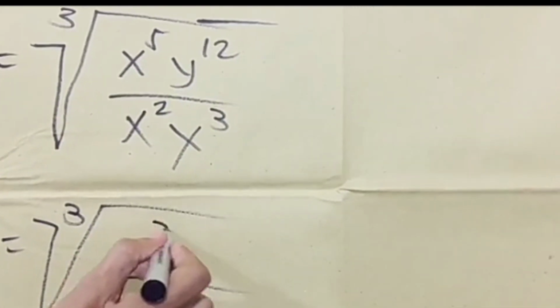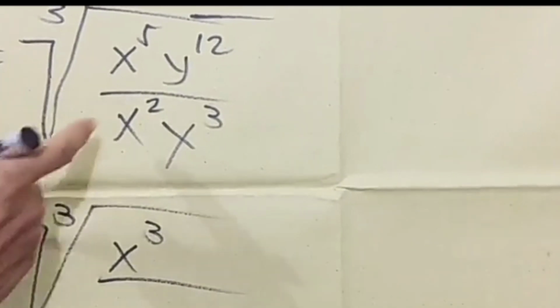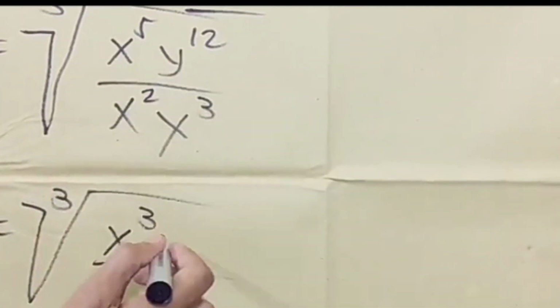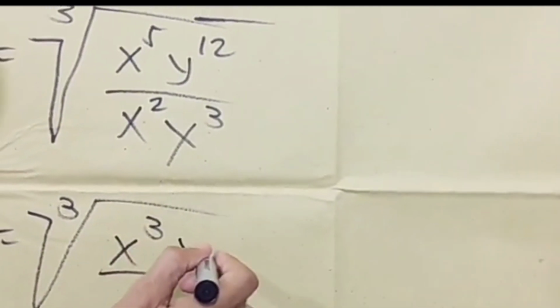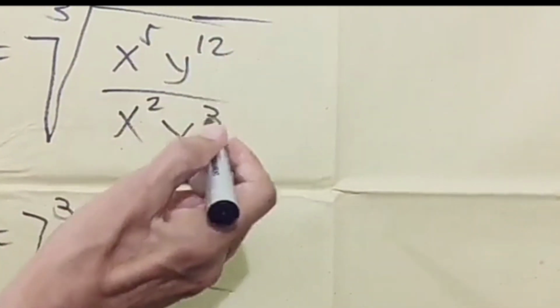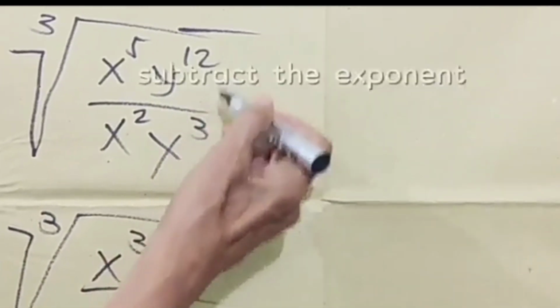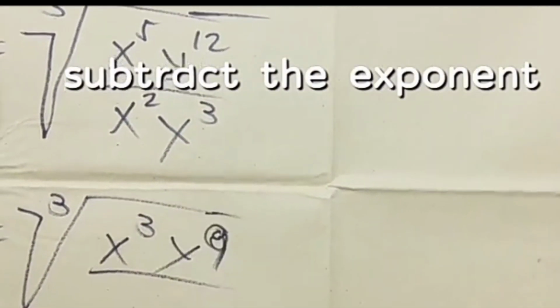Since 5 is higher, there is a remaining 3 in the numerator. The one at the denominator is gone. Then y raised to 12 minus 3, then over 1.